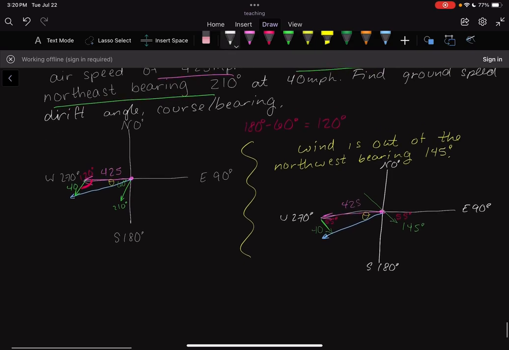All right. Now, this last example is a little hard. The reason is because on the first example, both our plane and our wind were at horizontal and vertical positions, I guess I could say.